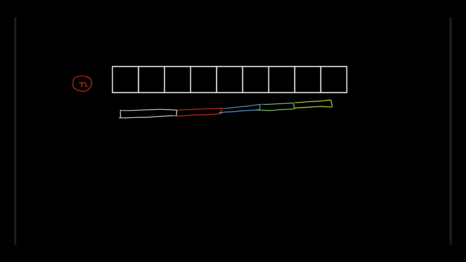Then you can see that you have to add 5 quantities: first, second, third, fourth, and fifth. So you have to maximize this sum of maxima from each block. So that's why I will write maxima of color, where color belongs to white, red, blue, green, or yellow.